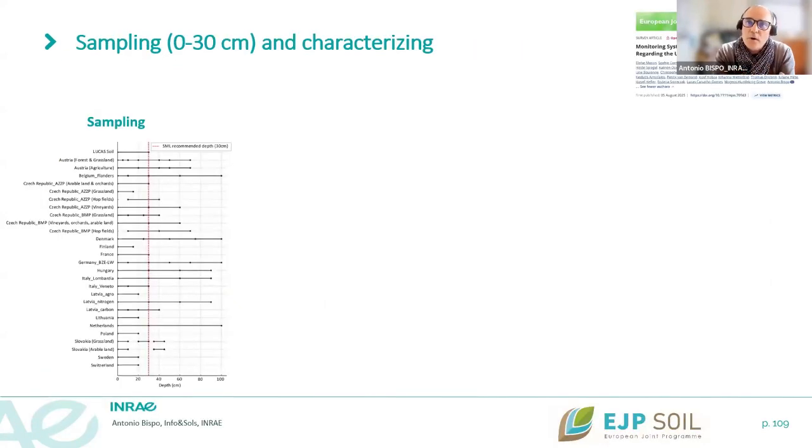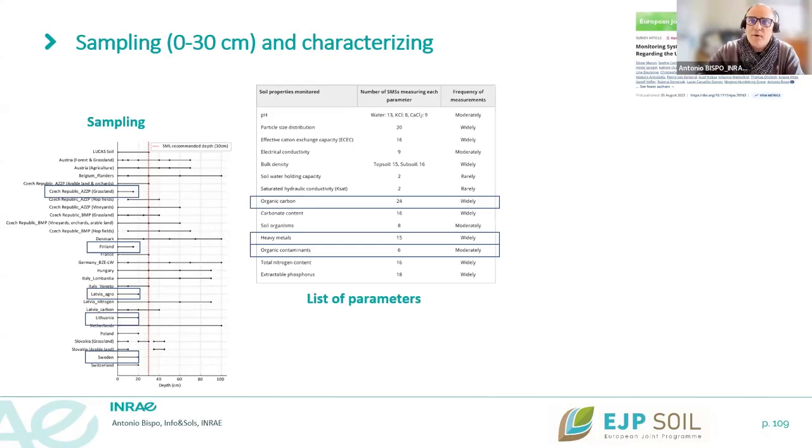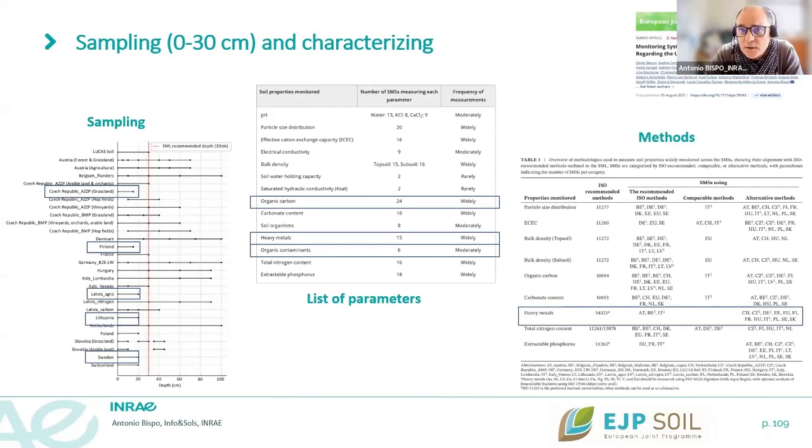And then when we look at the sampling protocols in the countries, can you click the next? You can see here that we have different ways of sampling in the different countries. So that's the first graph.